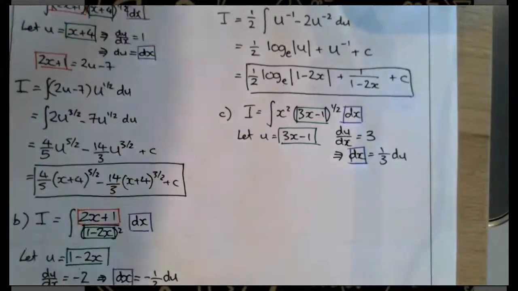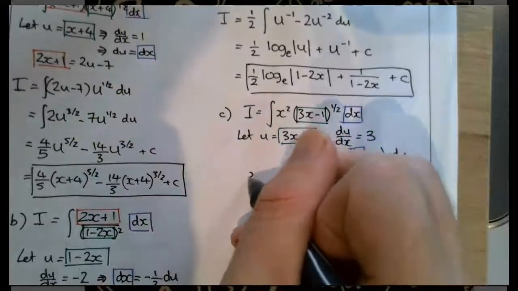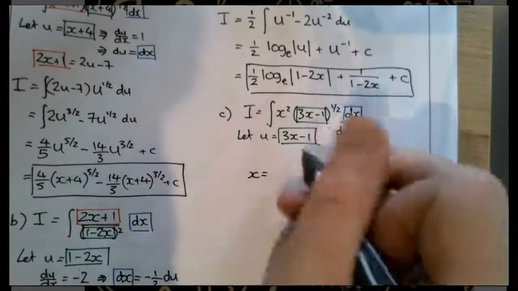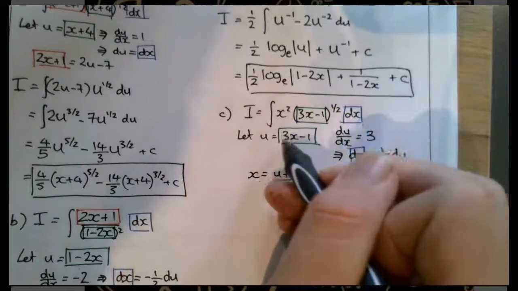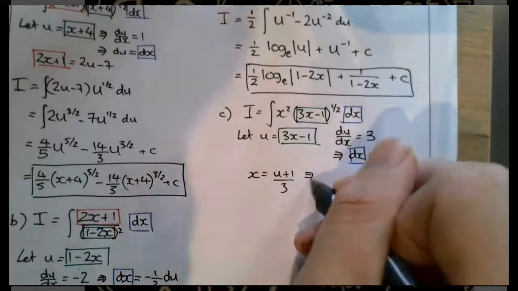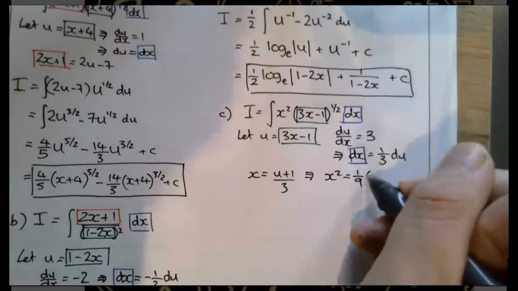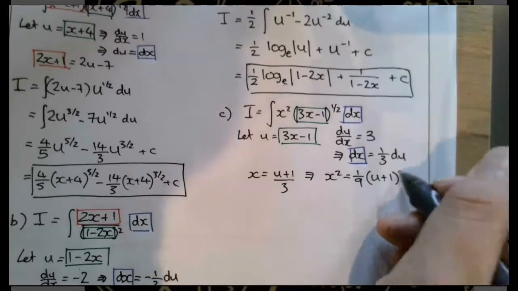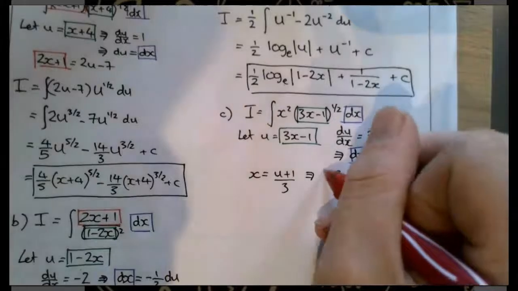The last bit is x squared. Well, x is (u plus 1) over 3, just rearranging here. So x squared is a 9th times (u plus 1) squared. And this is my final ingredient.